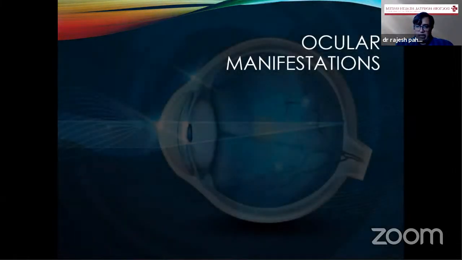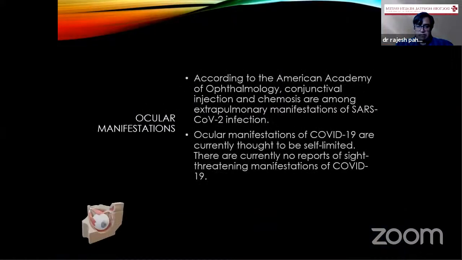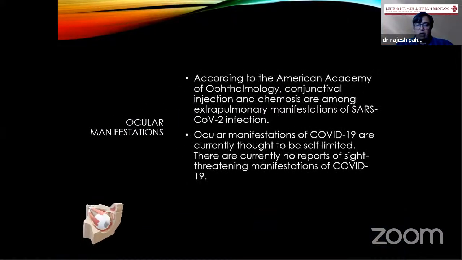Now coming to the ocular manifestations. According to the American College of Ophthalmology, conjunctival injection and chemosis are among the extrapulmonary manifestations of COVID-19 infection. Ocular manifestations in COVID-19 are currently self-limiting, and there are no reports of sight-threatening manifestations of COVID-19.